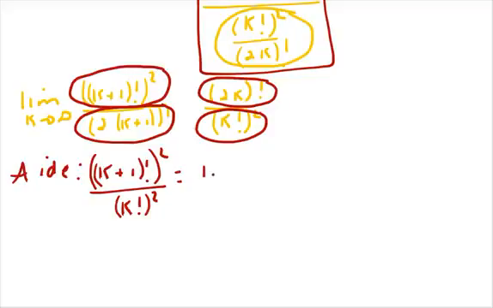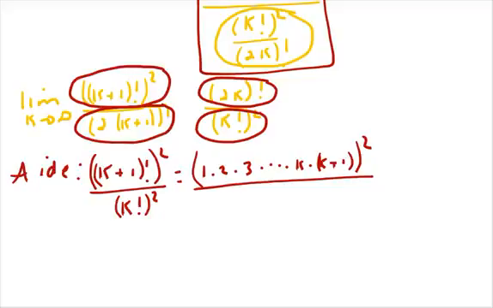The numerator is nothing other than a factorial that goes 1 times 2 times 3 up to k plus 1, and that's squared. The denominator is k factorial squared, so that's 1 times 2 times 3 times up to k, squared. Now, algebraically, remember, those exponents go to each term.